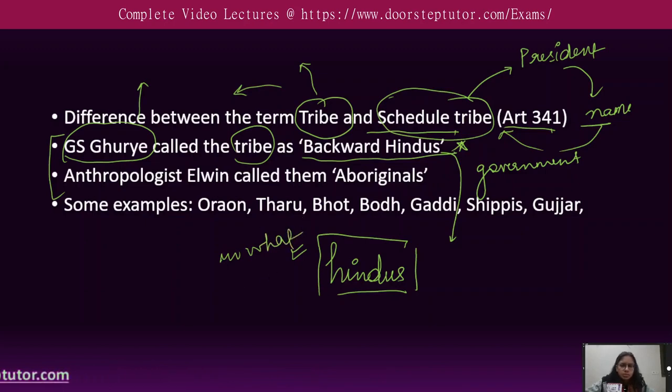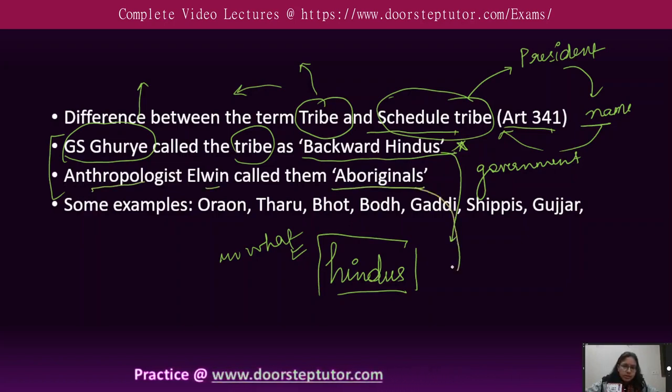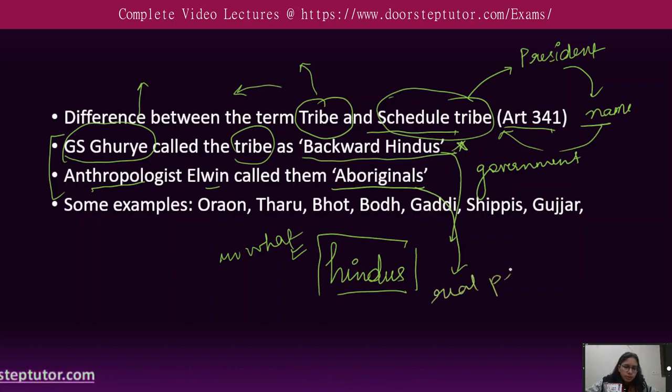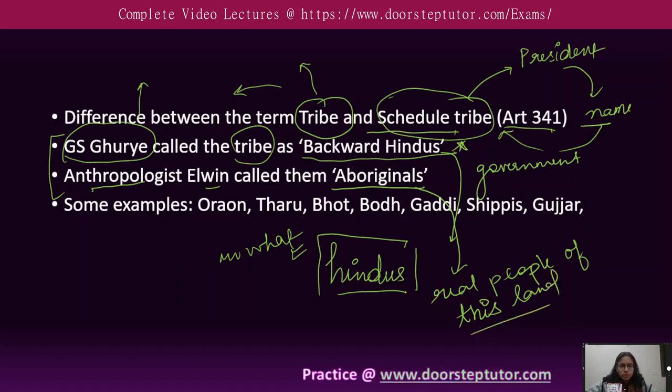Actually, there were many theories which say that they were the real Indians and not we, who are ruling India nowadays and living the urbanized life. We will discuss that in a later slide. And then anthropologist Elwin called them aboriginals, because he believed that they are the real people of this land, who have been subjugated because of the policies of people who came from outside and exploited the real people of this land.